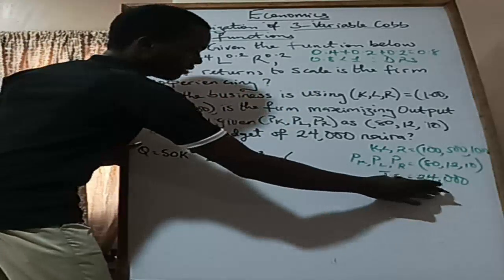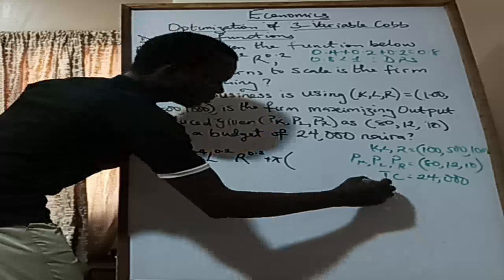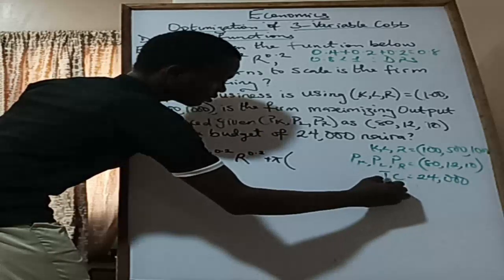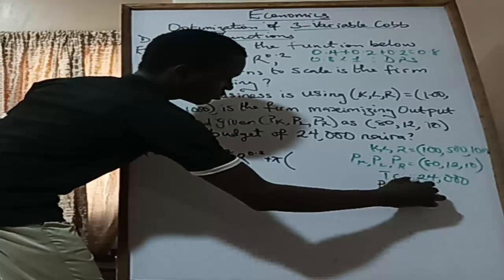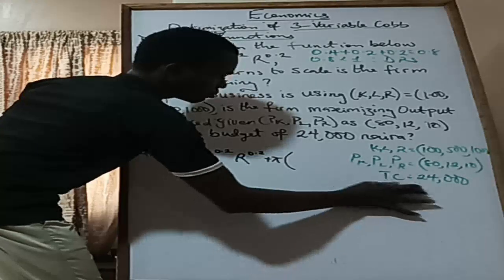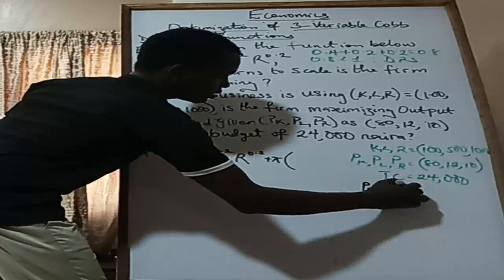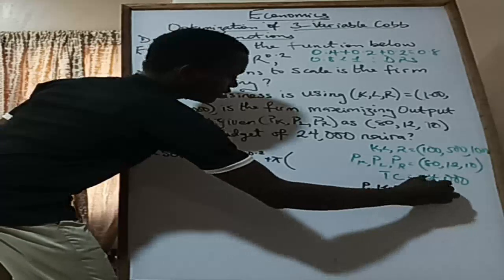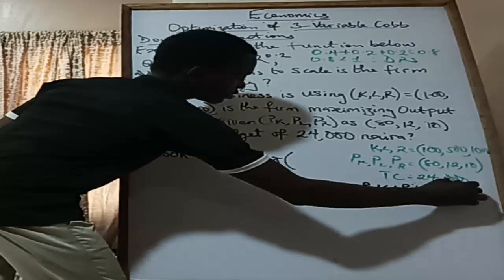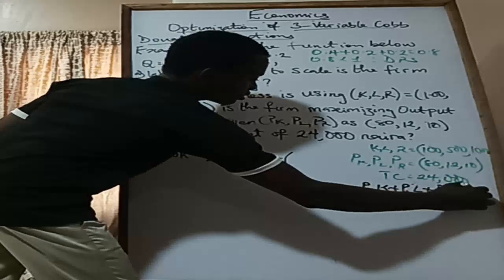So we are going to have PK K plus PL L plus PR R equals the budget, the total cost.